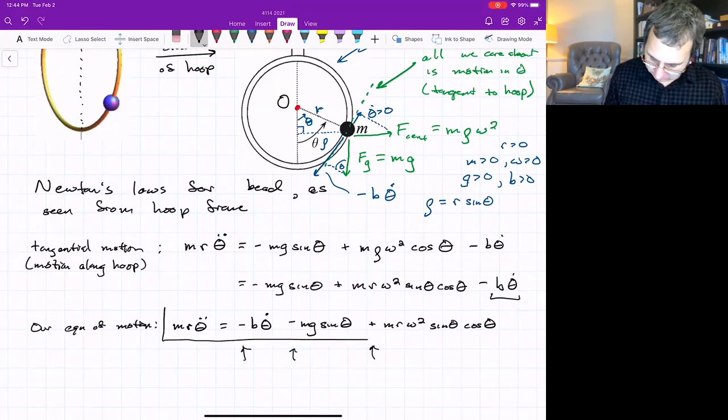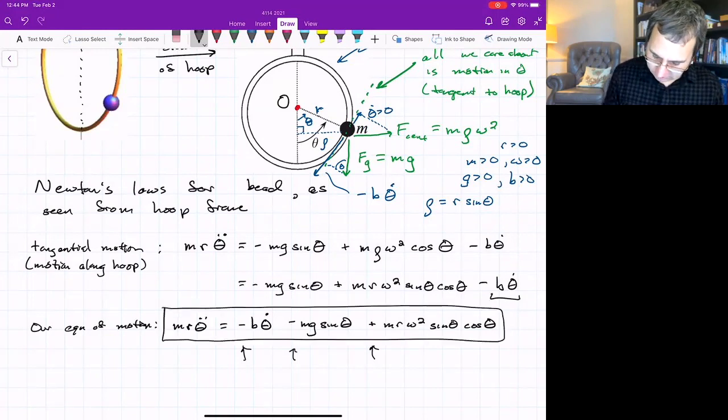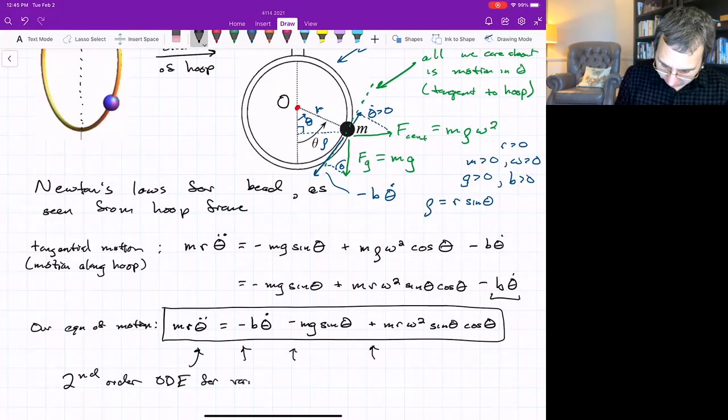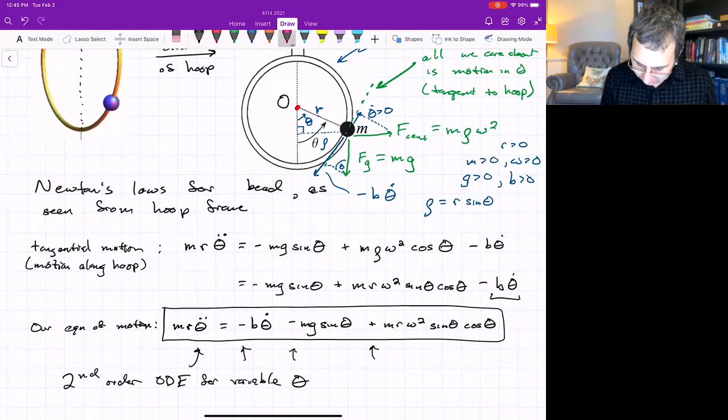What else can we say about this? Look at this. It's nonlinear. It's second order because the highest derivative is the second derivative. So it's a second order ODE for the variable, right? That's the thing that can change in time, theta. Terms like this are linear. Terms like sine theta are definitely nonlinear.